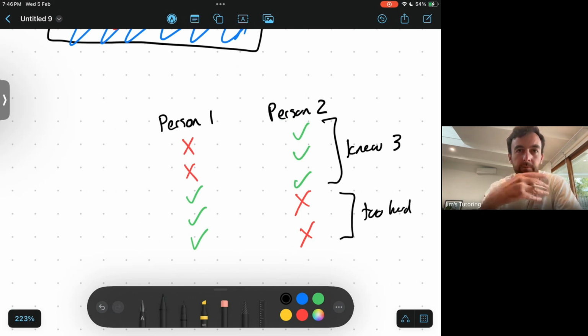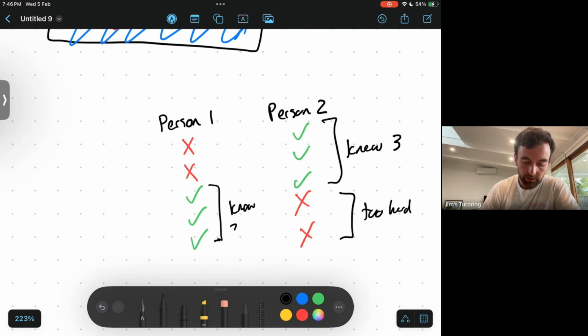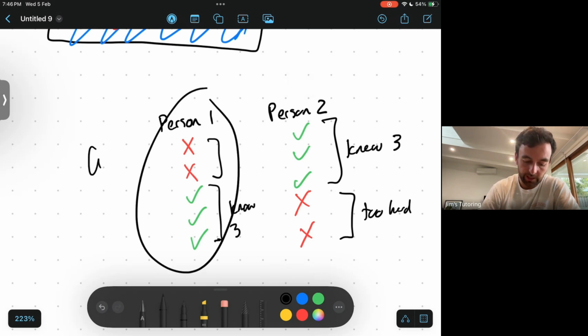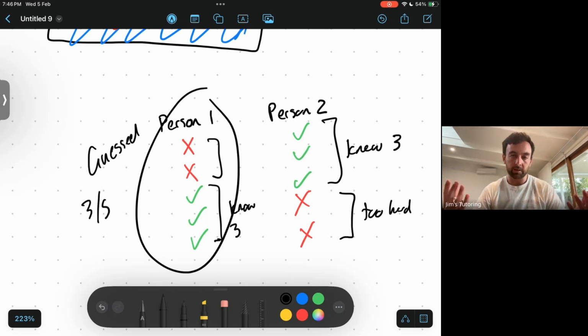But because GAMSAT questions usually use information from previous questions and generally get harder as they go through the STEM, it's not likely that you would know the last 3 without knowing the first 2. So they would say that this person has guessed a little bit and therefore won't get 3 out of 5. They might get something lower. I don't know how much lower, but they would get something lower.